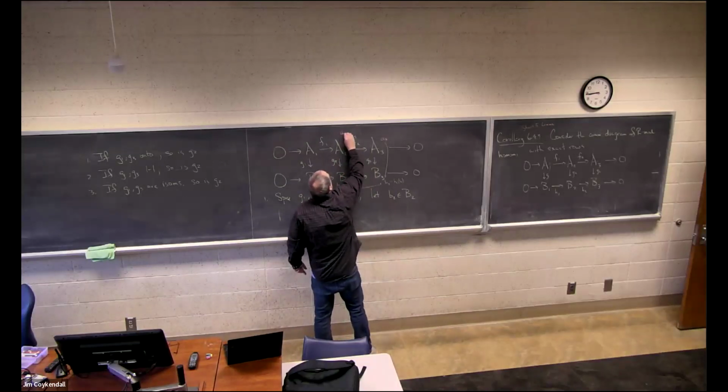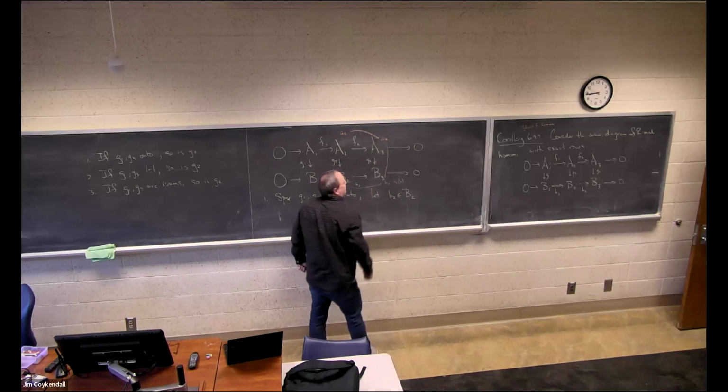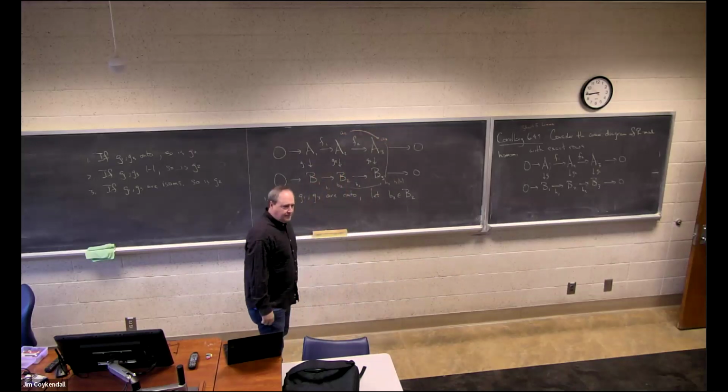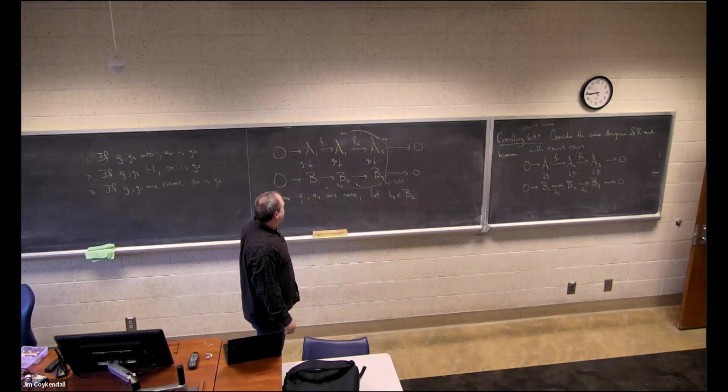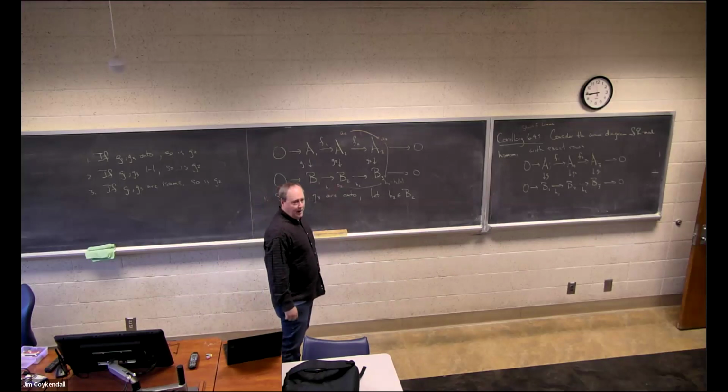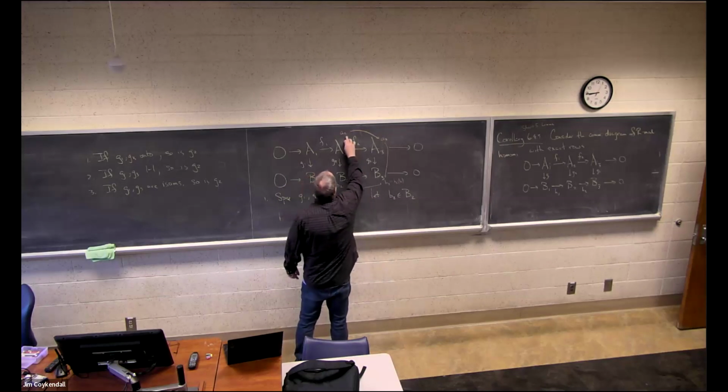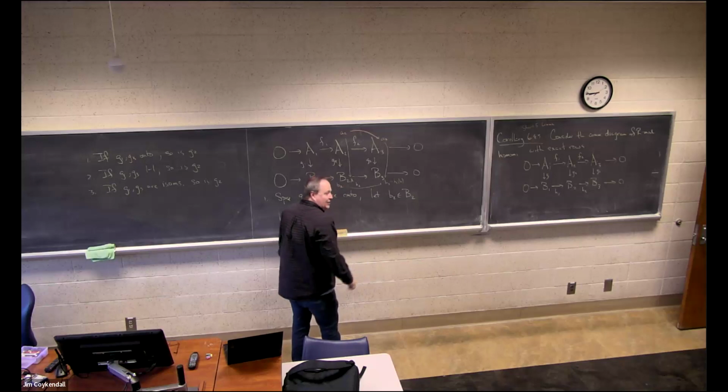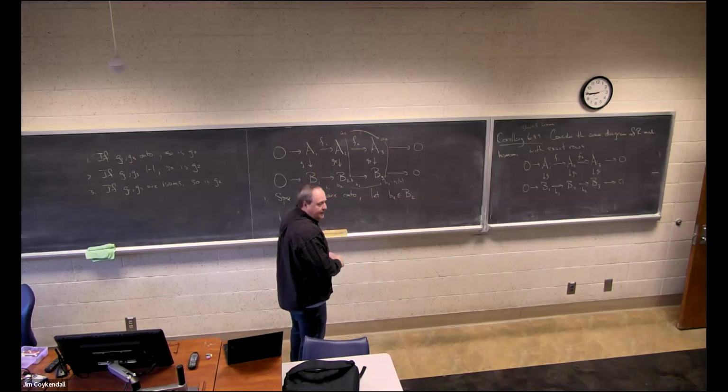So there's an A2 that goes here. Oh, I'm just dying for that A2 to go down to B2. But I don't really know that that's the case, right? So I can push A2 down here to something else in B2 called X, all right?